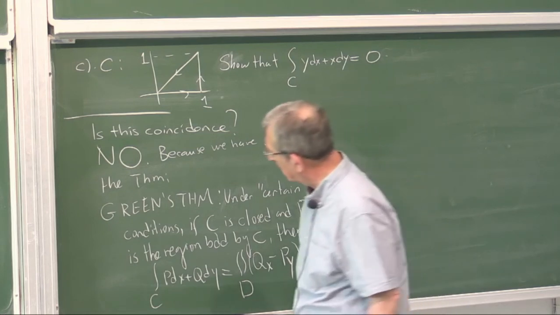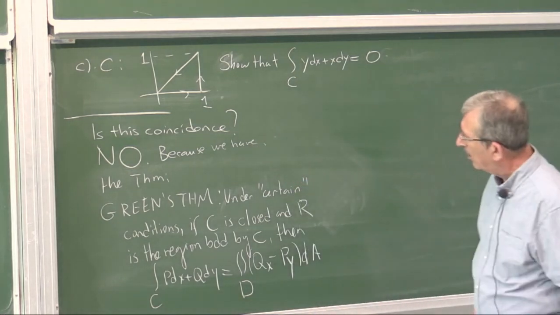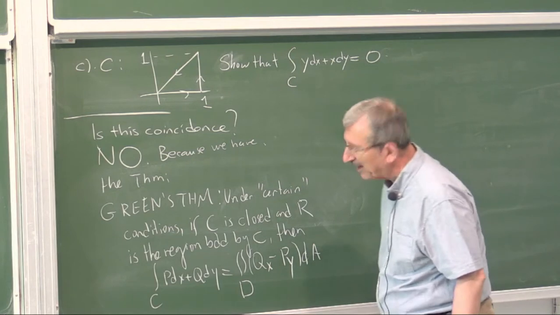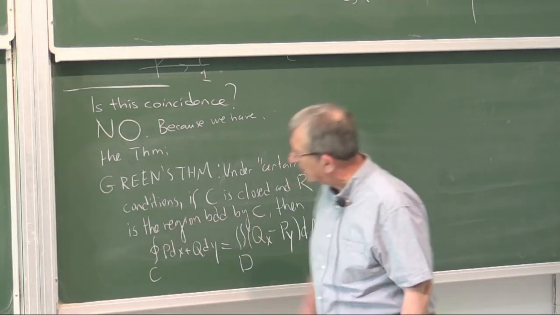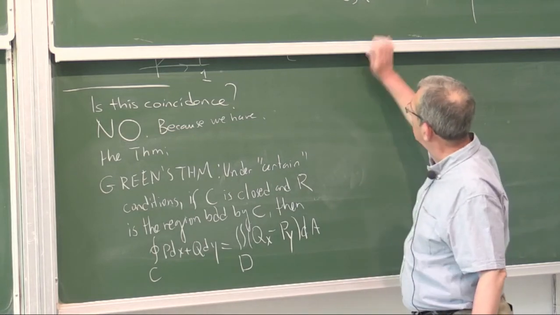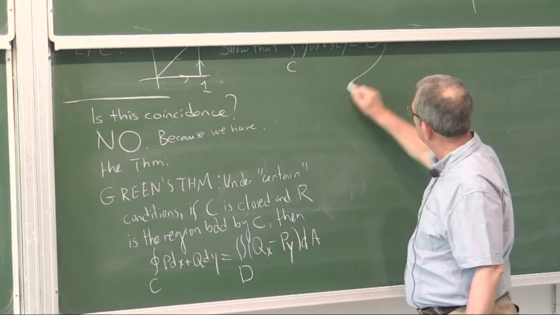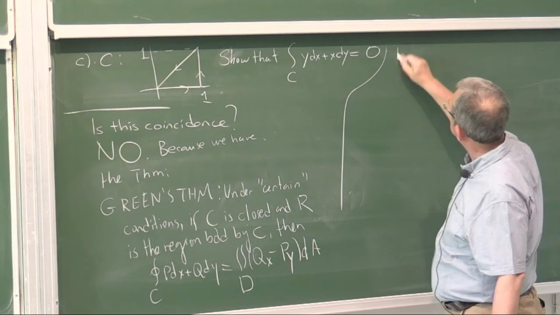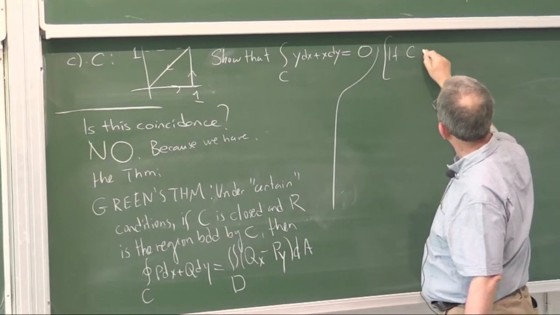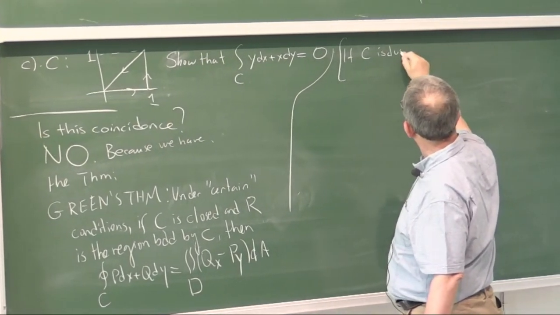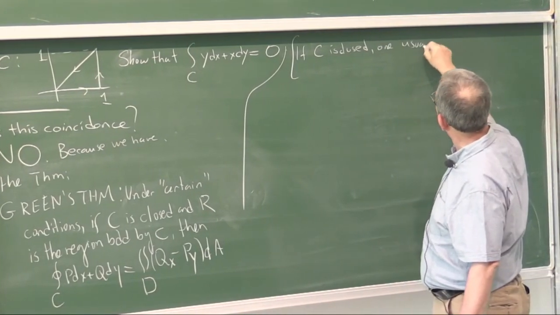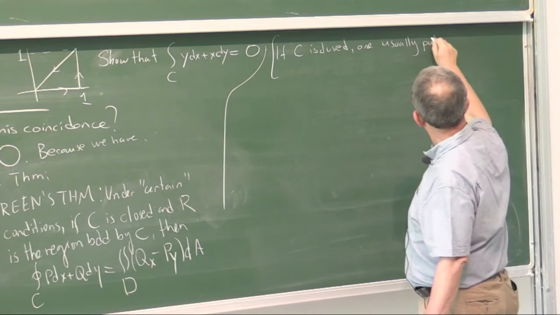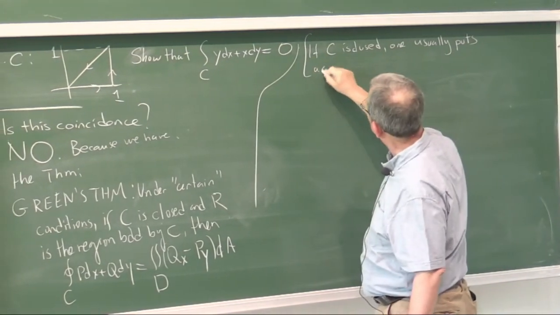Well, a notational thing. Usually we put a circle on the integral sign, and it just means the following. If C is closed, one usually puts a circle.